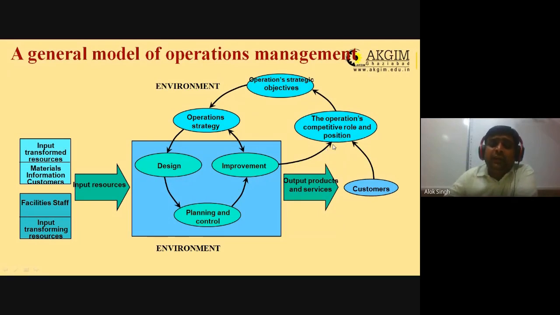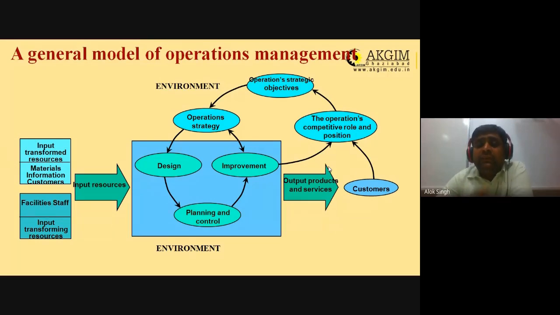Like Tata Motors, earlier they were focusing on the cost part, so they launched the Tata Nano. But after that they launched the Tata Tiago, and other cars like the Harrier and Tata Safari. All these cars reflect what they have changed in terms of operations competitive role and position.